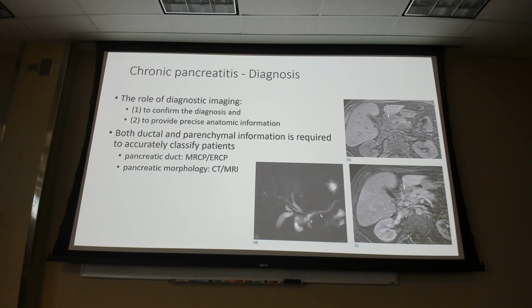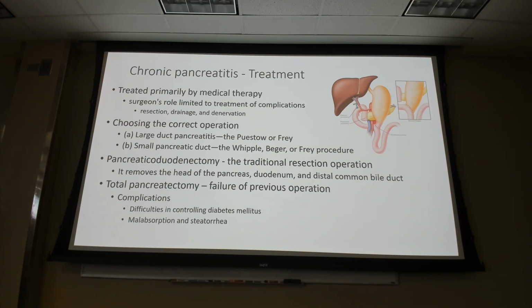This is what's going to help us identify the morphology and any ductal abnormalities of the pancreas that require surgery, which we'll talk about next. But it's typically medical therapy, and then based on our imaging, we have to decide whether it's a large duct versus a small duct pancreatitis, and there are different procedures we can use for it. We're not going to ask you which procedure for which, don't need to worry about that.